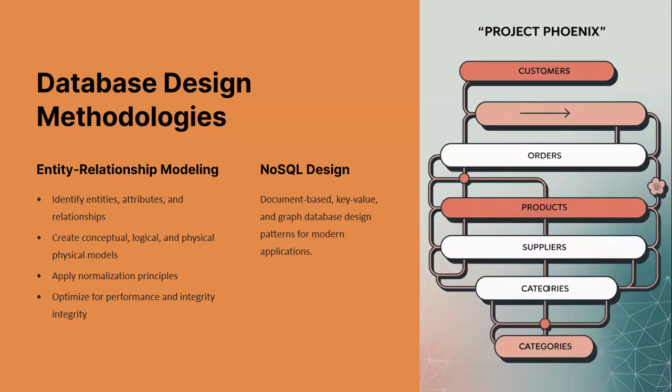So let's move to NoSQL design, document based, key value and graph database design pattern for modern. You see, NoSQL is actually a modern database, but it cannot still beat SQL database, because SQL database is relational, like it says, and it gives relationship between plenty tables.